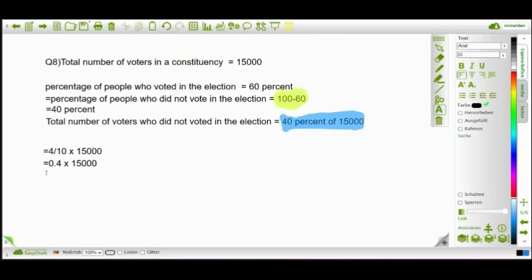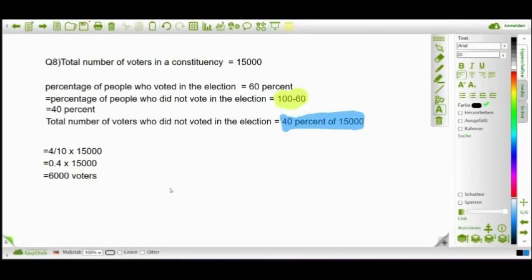So now we're going to just multiply these numbers. 15,000 and 0.4. Just give me a second, guys. 6,000 voters. And the answer to the second part is 6,000 voters.